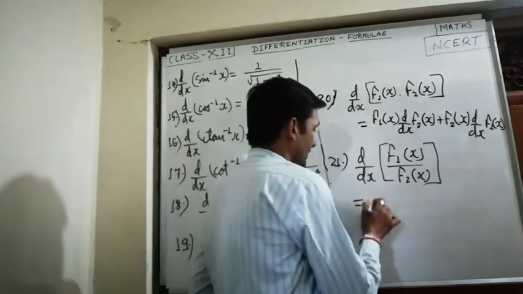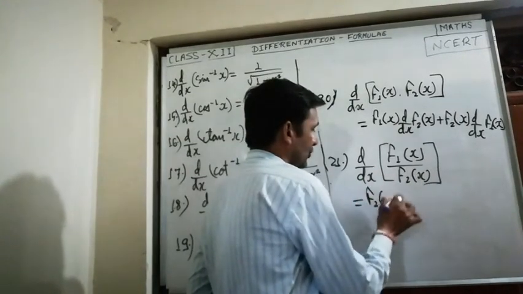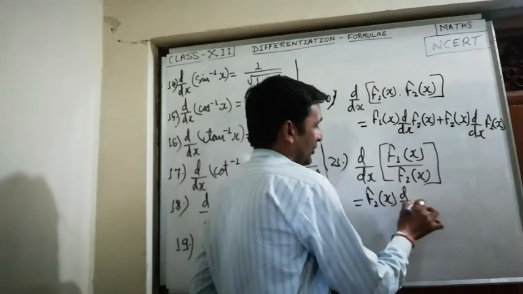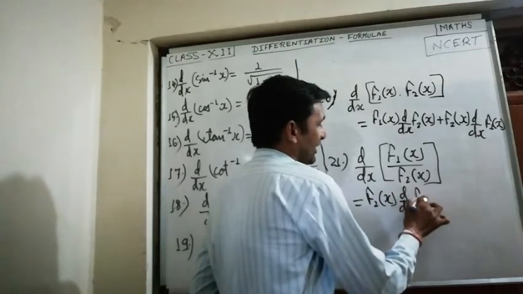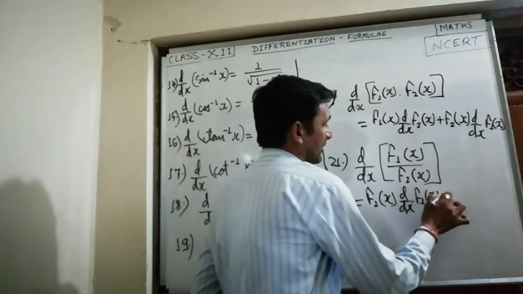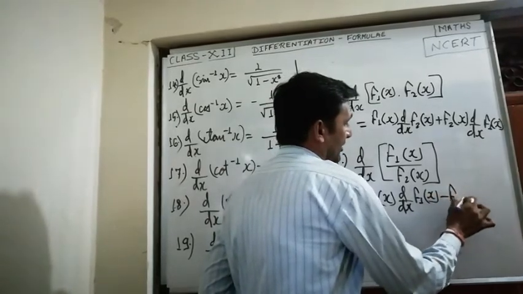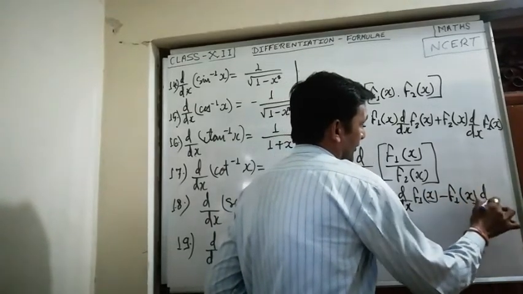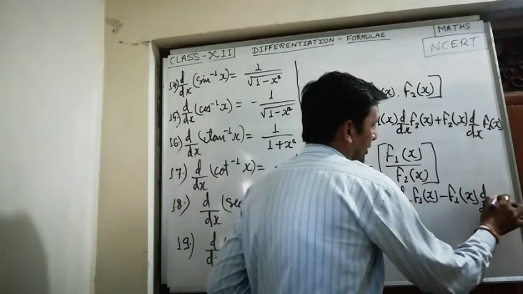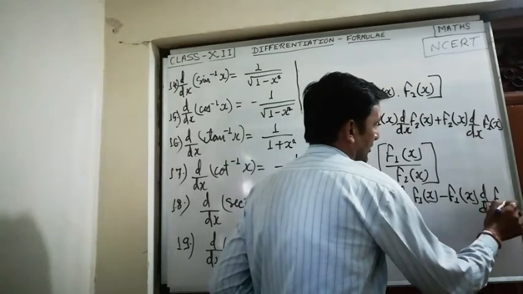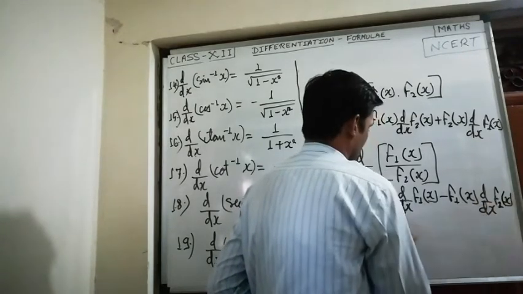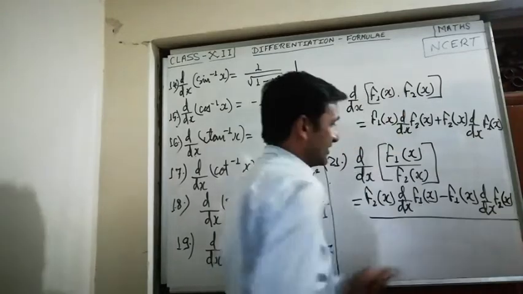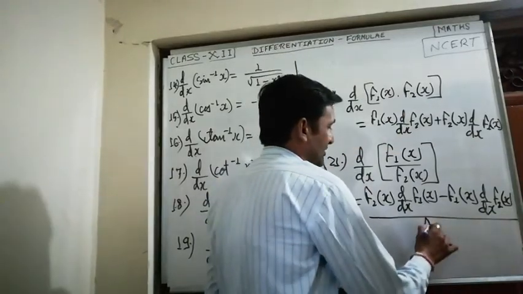So denominator, you may remember it in this manner: denominator into differentiation of numerator with respect to x minus numerator into differentiation with respect to x of denominator upon, because f2x is denominator, upon denominator square.